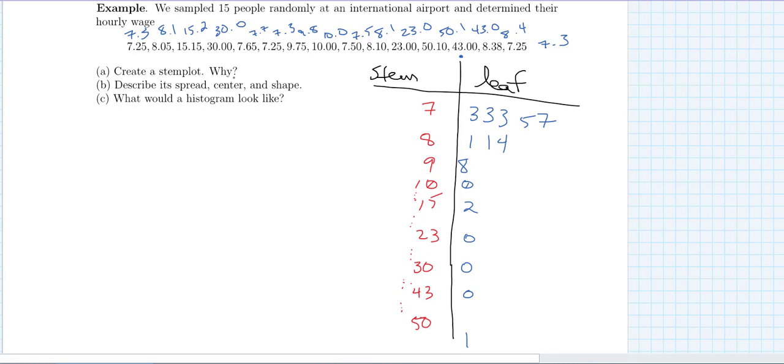All right, so we created our stem plot. Why are we using a stem plot is maybe what this question is asking. I think that if we have a small data set of 15 individuals, it's okay for us to use a stem plot because it's not very large, and it gives us a description of what those individual values are going to look like in this graph.